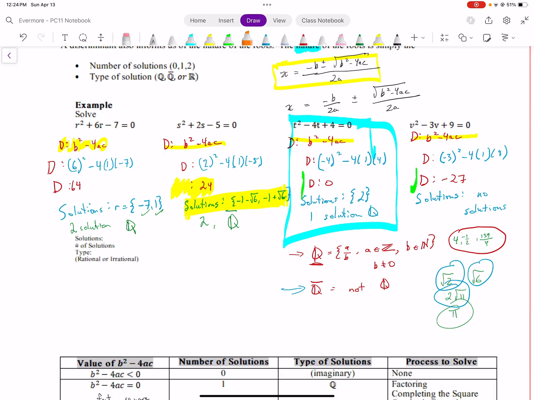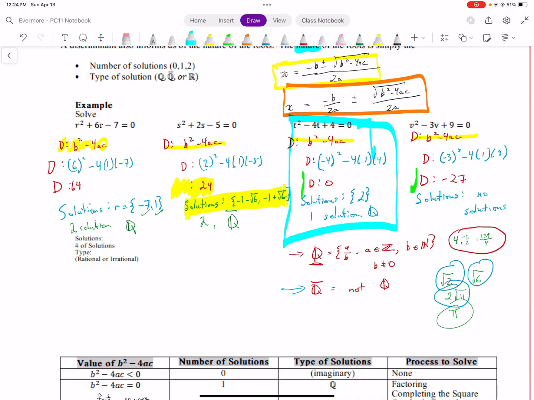What I'm going to do is make a small step and split that up as x is equal to negative b over 2a plus or minus the square root of b squared minus 4ac over 2a. Let's start talking about the number of solutions.